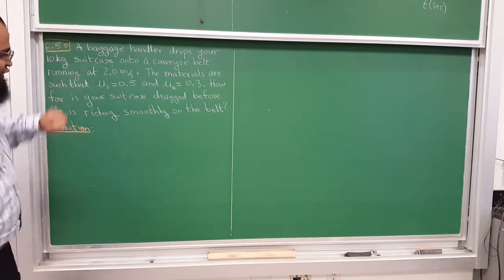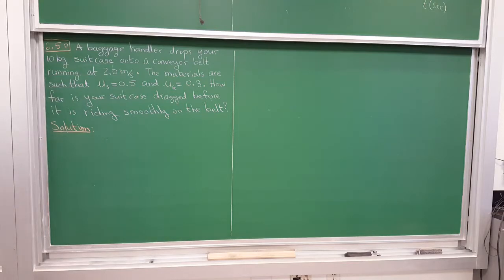We go to this next problem here, and I will read it. It says, a baggage handler drops your 10-kilogram suitcase onto a conveyor belt running at 2 meters per second.